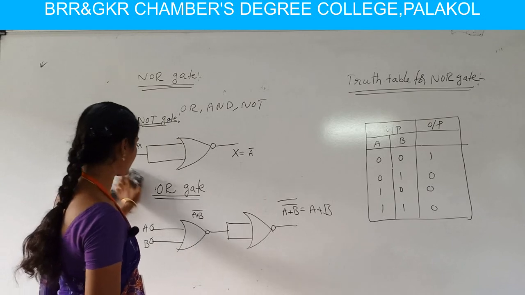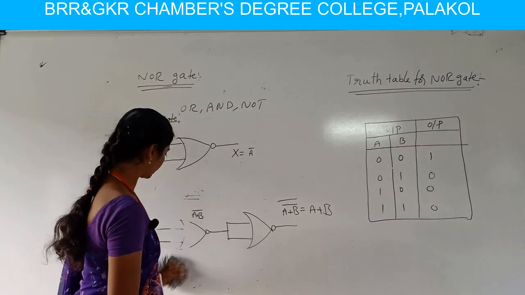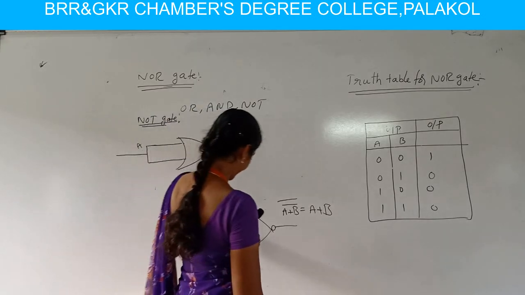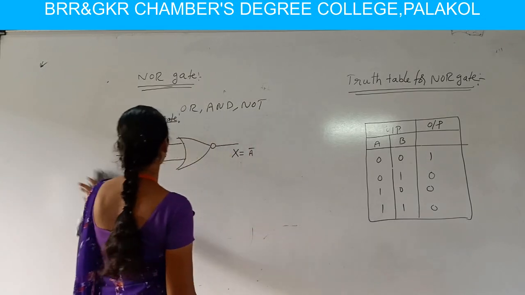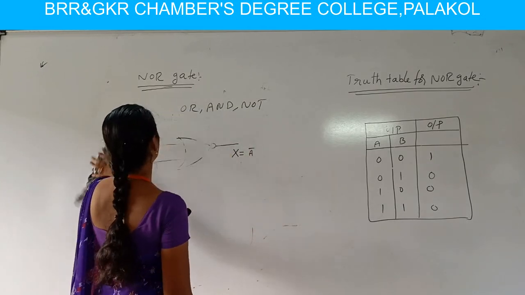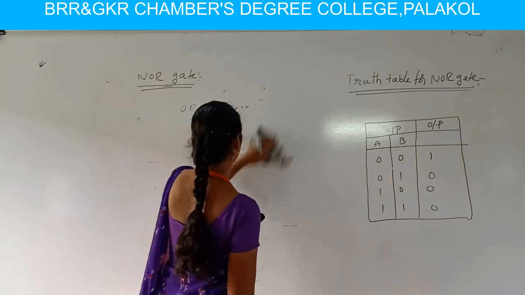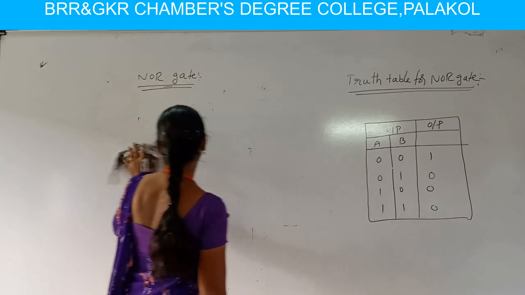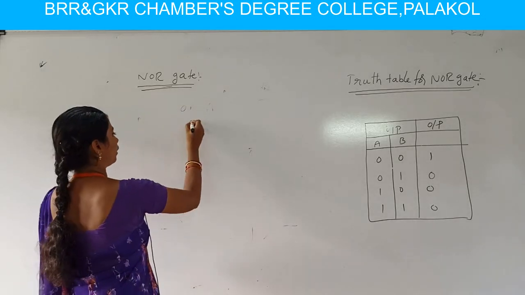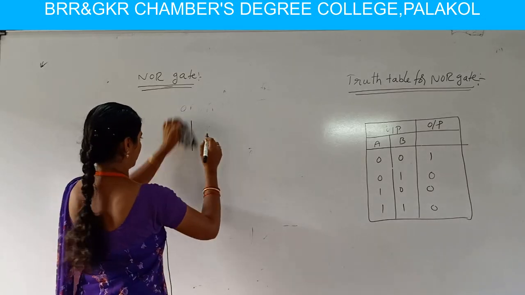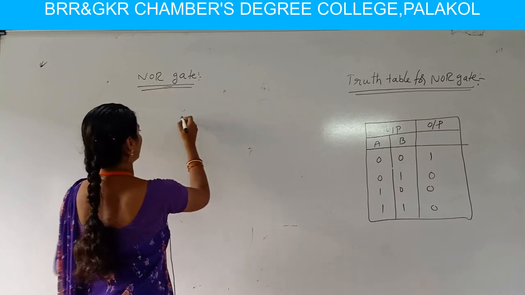And also from this NOR gate we construct the AND gate. Here for constructing the AND gate we use three NOR gates. We know the symbol for the NOR gate.